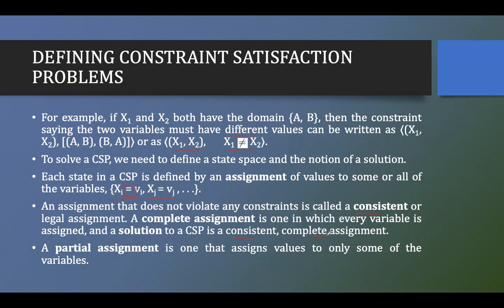It means whatever variables we have in the problem, each variable should be assigned some value, and all those values should be legal, all those values should be consistent. It means all those values we have picked from the domain would satisfy the constraints. Then only we get the solution in a constraint satisfaction problem.